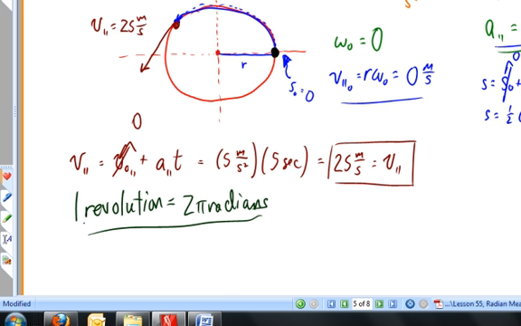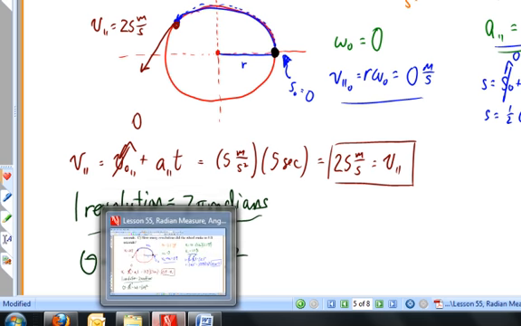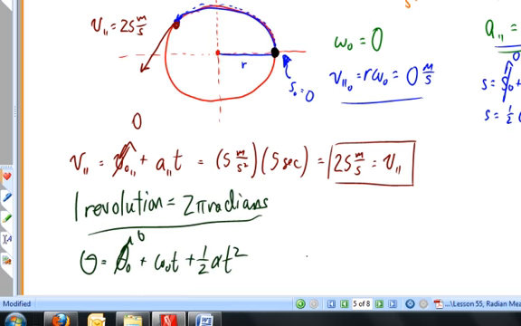So I'm going to use the angular equation of motion. Theta is theta naught plus omega naught times t plus 1/2 alpha t squared. And recognize that theta naught is 0, in other words I'm starting at the origin, and that omega naught is 0 because I'm starting from rest. And now I can just put in the numbers.